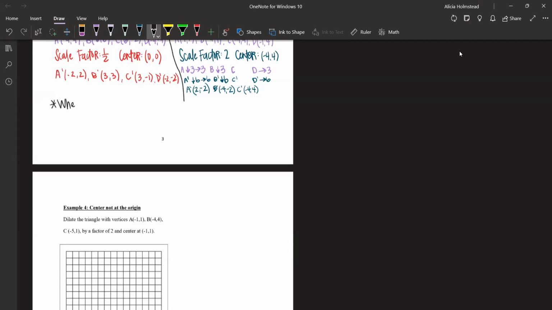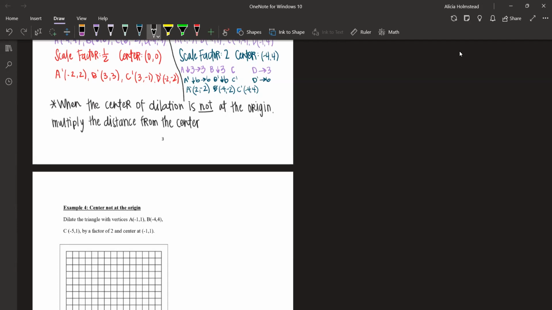When the center of dilation is not at the origin, multiply the distance from the center by the scale factor.